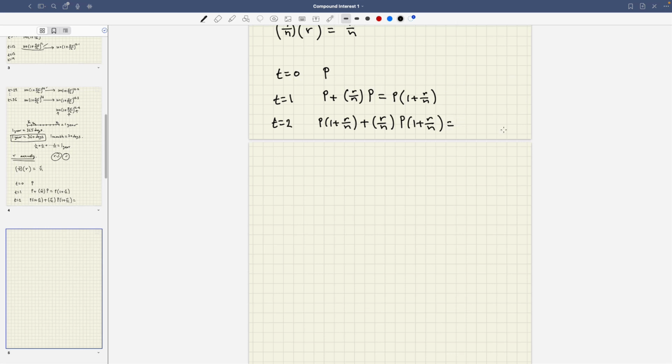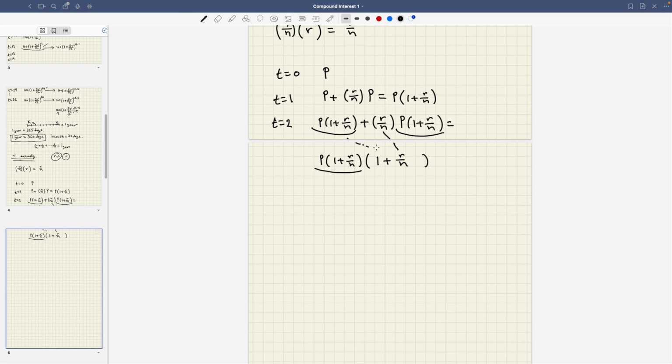The common factor is P times the quantity 1 plus R over n. Inside the parentheses, we have 1 plus R over n. The common factor is factored out, and the 1 just comes from dividing by the common factor.